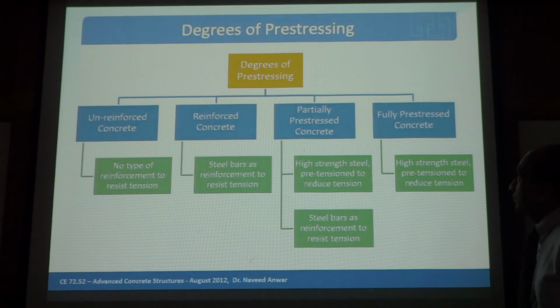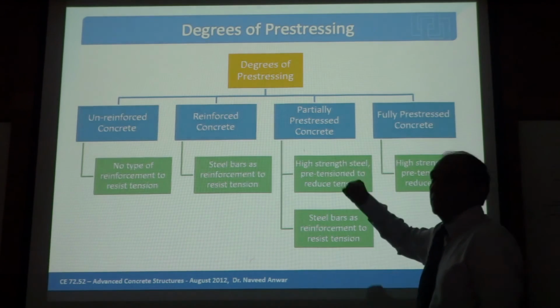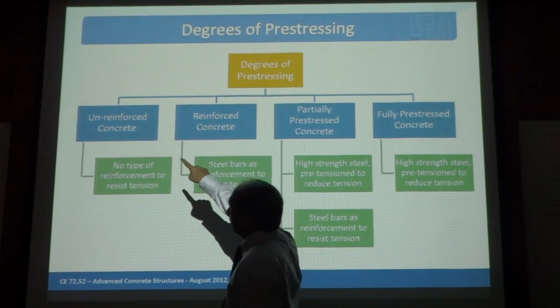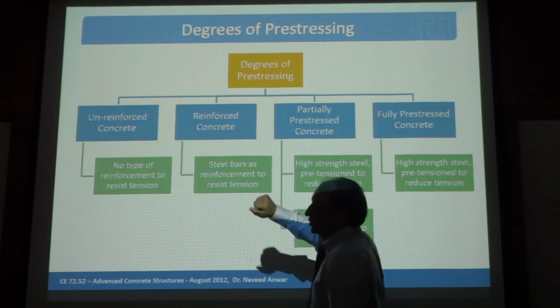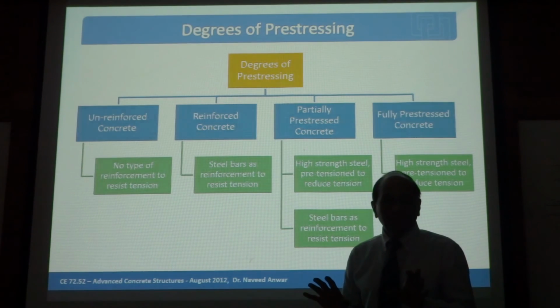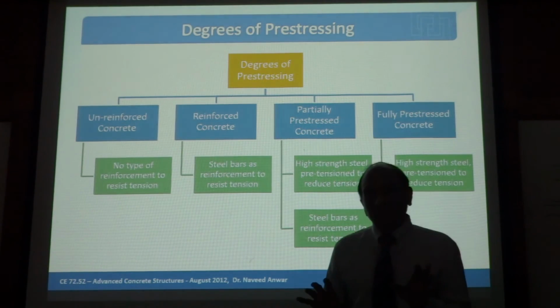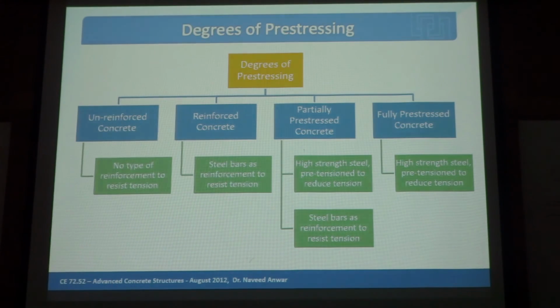And then degree of pre-stressing. This is a summation of what we have been talking about. Unreinforced concrete, no reinforcement to resist tension. So concrete can simply crack and go away, we don't care. Now you might say, oh, but we care. Give me an example of unreinforced concrete.